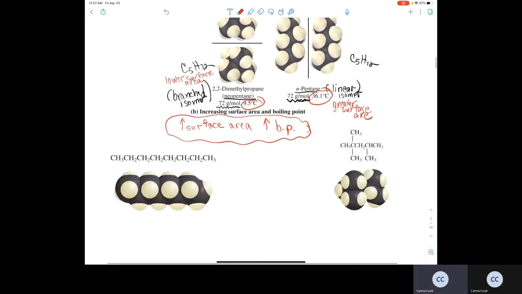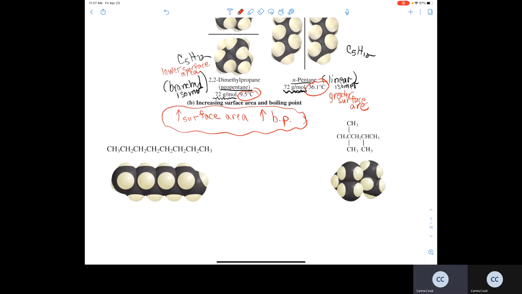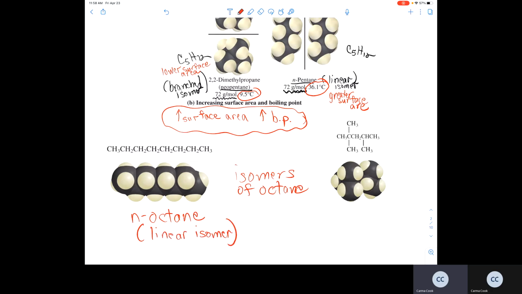So here are our two isomers of octane. You got your linear octane called N-octane. And then you've got your branched isomer, isooctane.